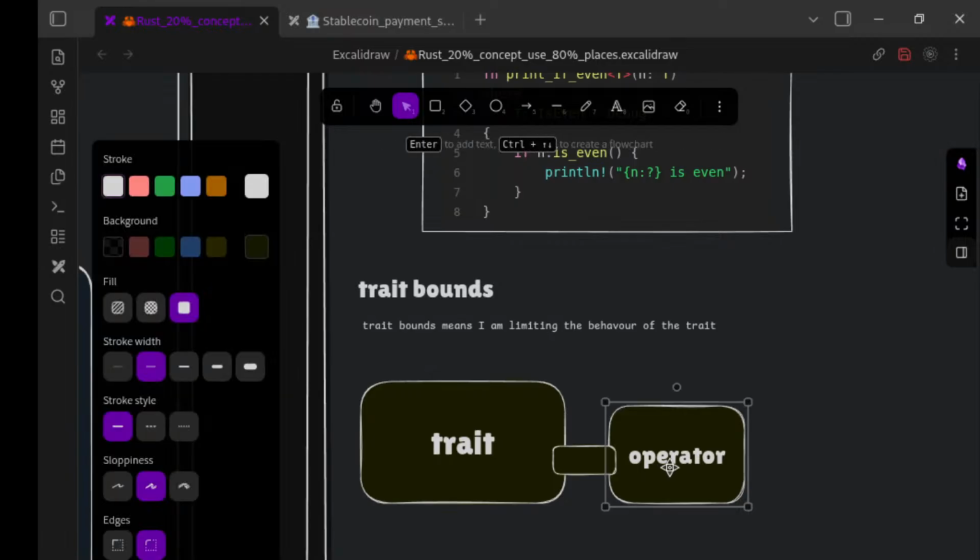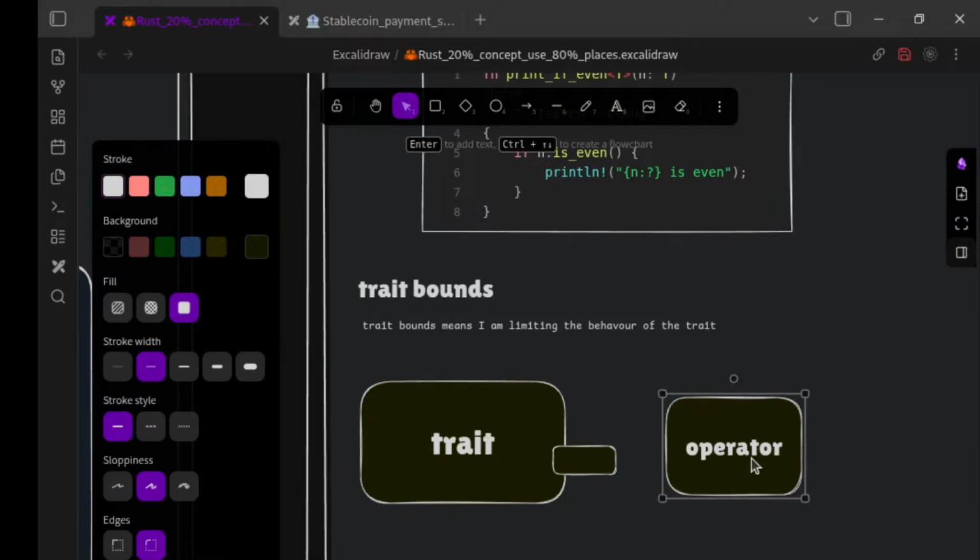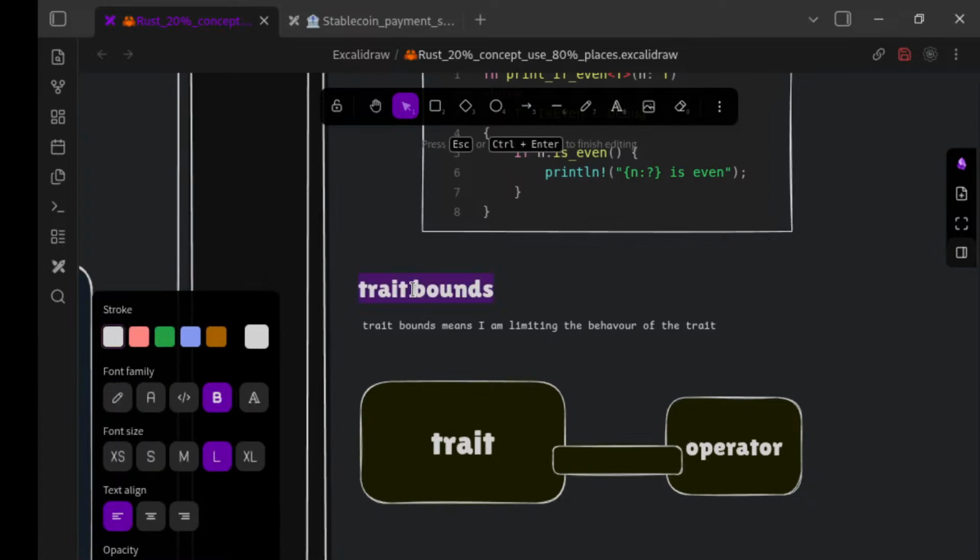So now you can understand why we are using this trait bound.